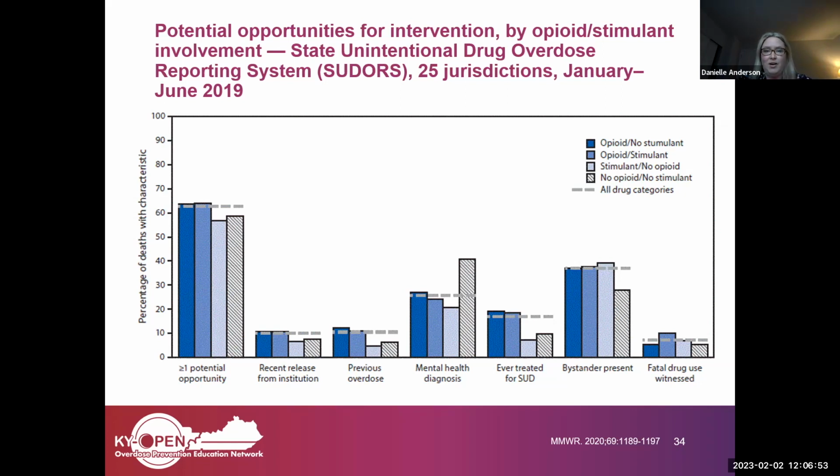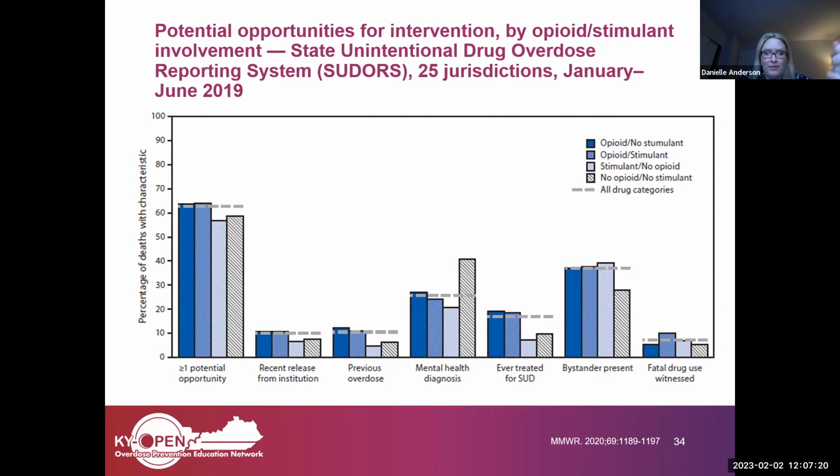This study is, again, from the State Unintentional Drug Overdose Reporting System. This is data from the first 6 months of 2019, and in those 25 states that participated in this, there were over 16,236 overdoses. On the x-axis, we're going to see common circumstances surrounding fatal overdoses.